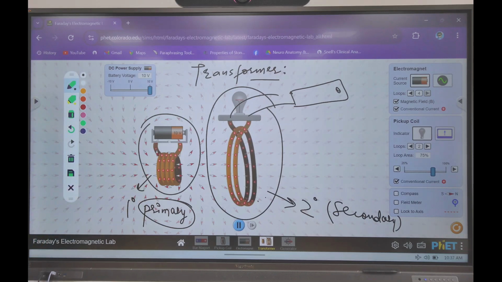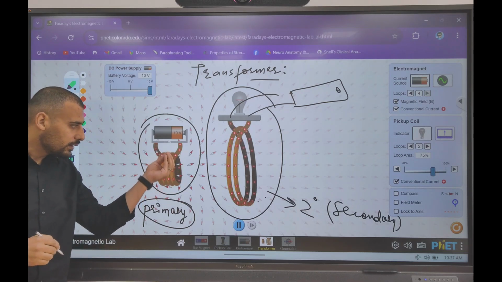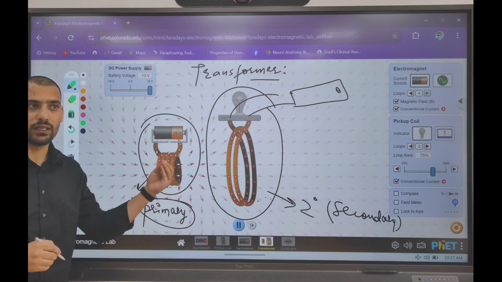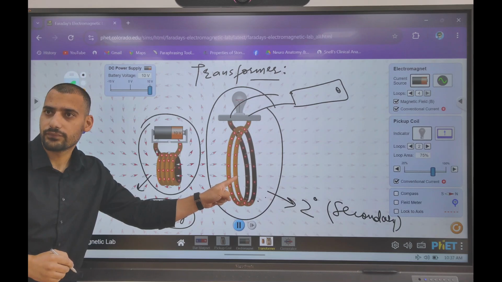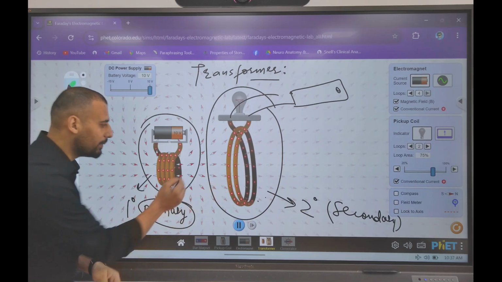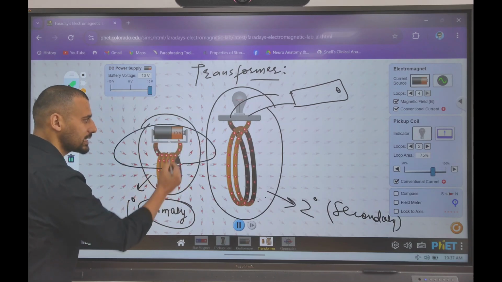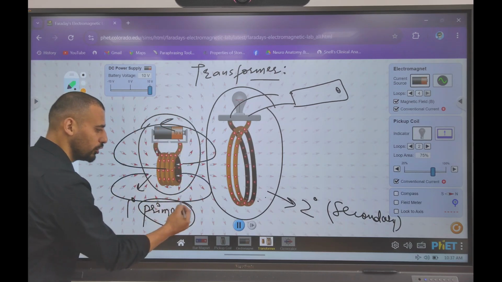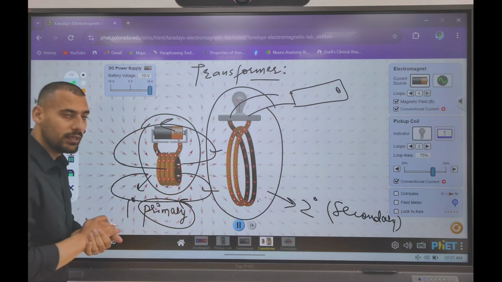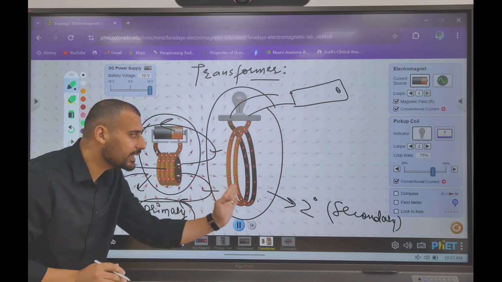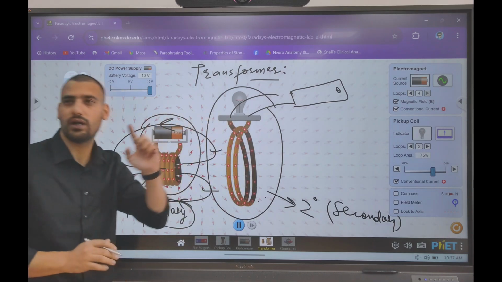Yes. When the magnetic field is generated by this coil, that magnetic field gets linked with the secondary coil. For example, it is like this, north to south. These field lines get linked with the secondary coil.